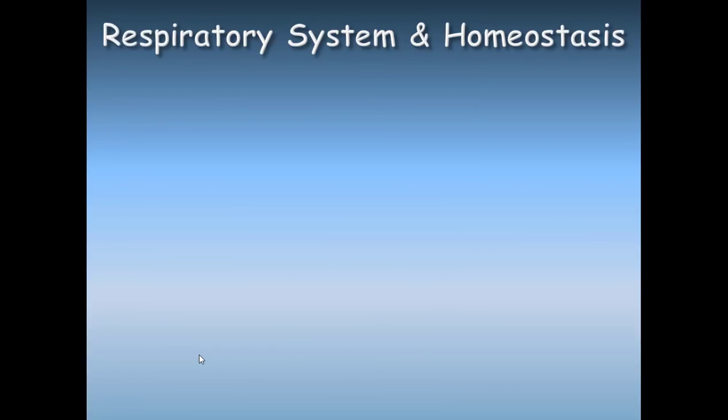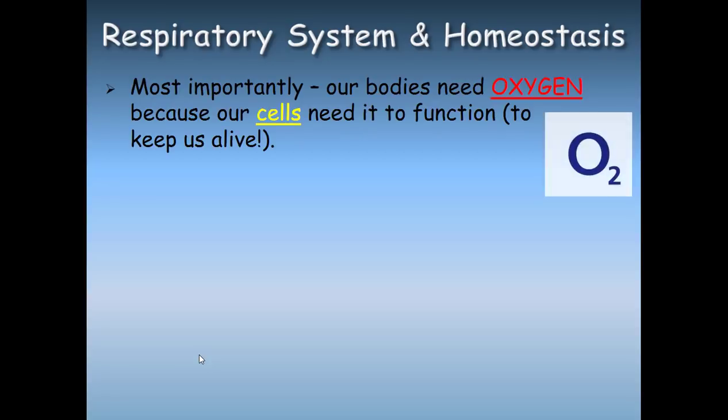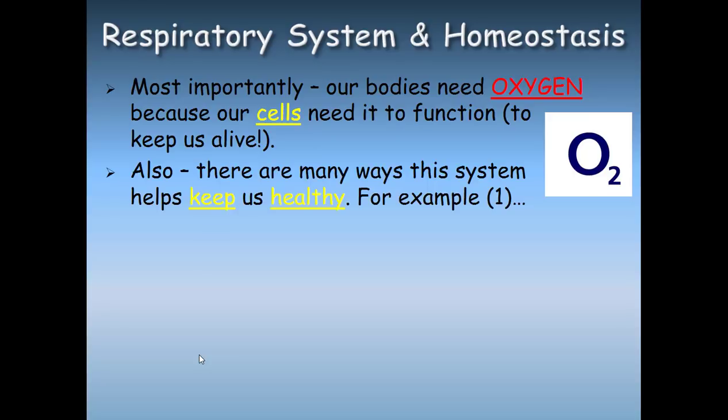As we have discussed with every body system, we have to talk about homeostasis. The most important thing with the respiratory system and homeostasis is that our bodies need oxygen because our cells need it to function, to actually keep us alive. So that's the number one thing. Also, there are many other ways this system helps keep us healthy.